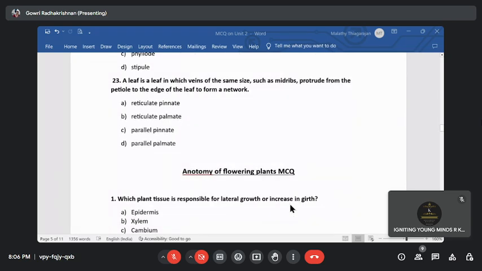A leaf is a leaf in which veins of the same size, such as midribs, protrude from the petiole to the edge of the leaf to form a network.